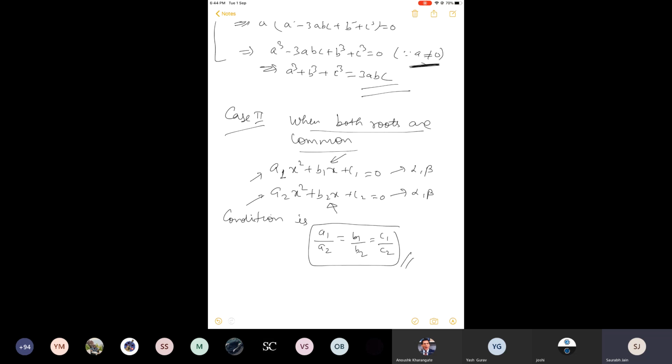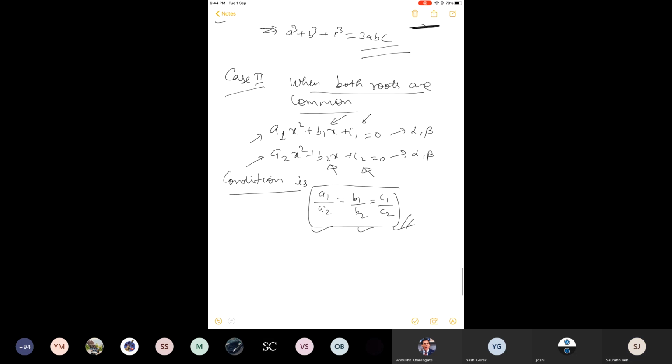Their ratio is b1 by b2. Similarly, the constant in the first equation is c1, in the second equation is c2. Their ratio is c1 by c2. And the condition is that these ratios are equal when both roots of both the quadratic equations are same. This is the meaning of this condition.